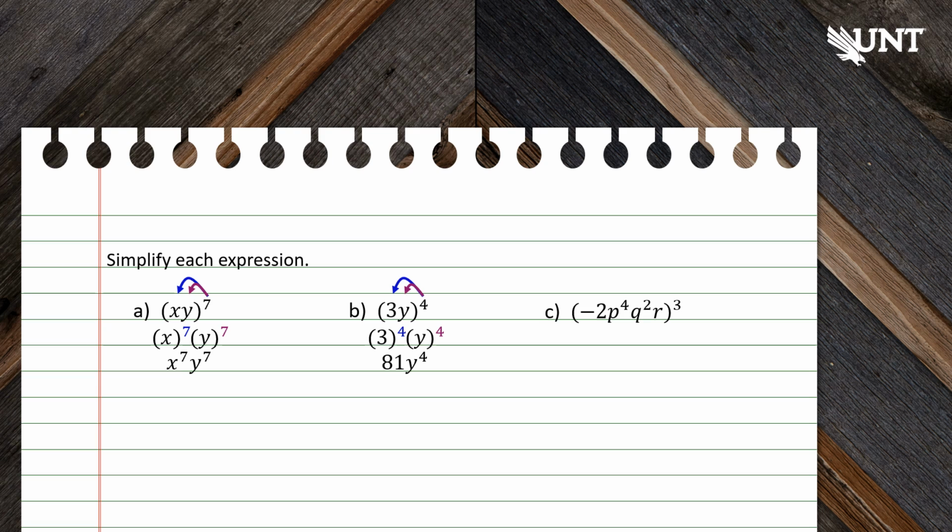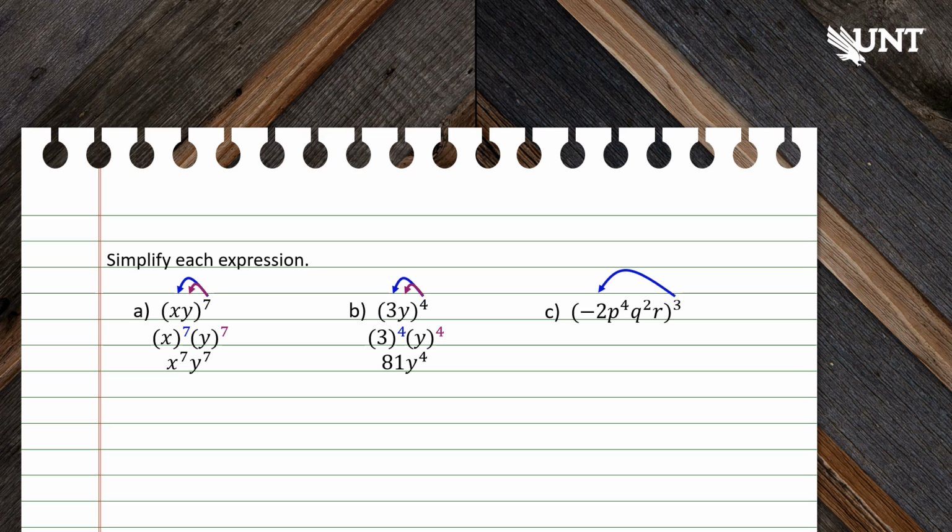For example C, we have (negative 2 p to the 4th q squared r) raised to the 3rd power. In this case, we approach the problem the same way by distributing the outer exponent. The question is how many factors do you see inside the parentheses? Hopefully you noticed we have 4 separate categories.